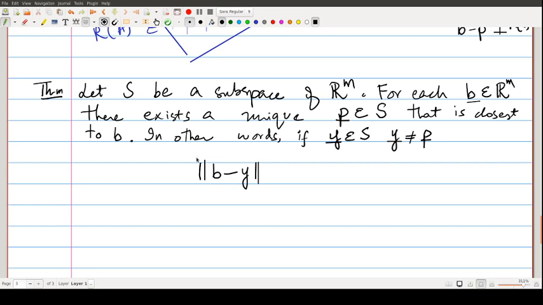So you subtract them and then you take the magnitude. So this is y, this is vector P, and their distance is going to be B minus y.